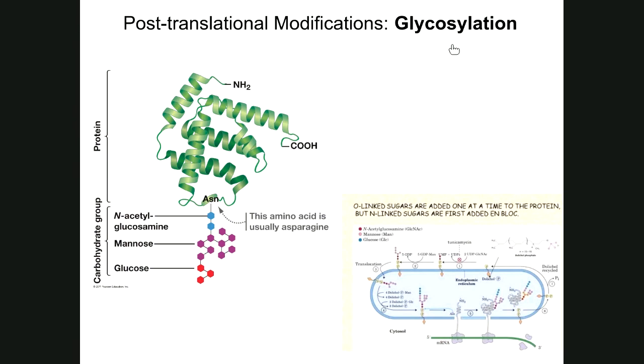But in either case, one of the purposes of glycosylation is to protect the protein so it has time to do its work. One of the parts of your body it needs protection from is your own immune system. So these carbohydrates or sugars are said to function as ID cards.